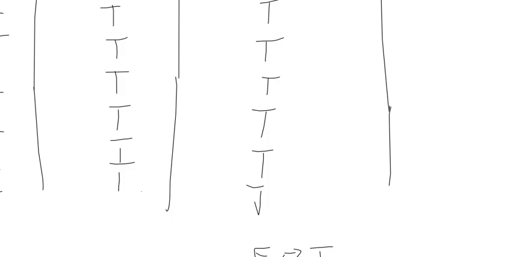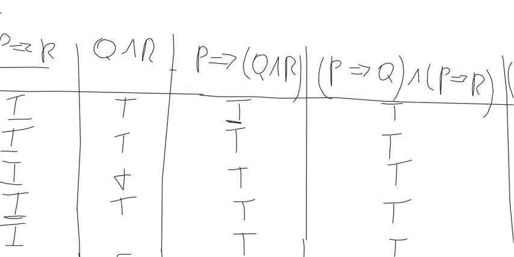And we are off to our last column. Let's see if this matches. Look at P implies Q and R. That was true. Now be careful, this is a biconditional, so there are 2 steps to this.